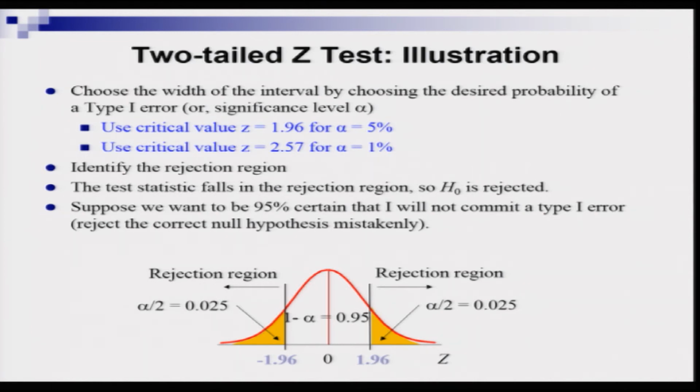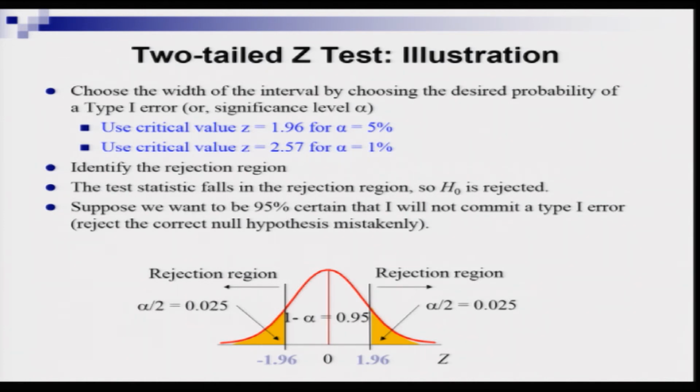That is the area marked orange, bounded by the standard normal PDF and the vertical line drawn at the critical value, and the area in both tails is 0.025. It is basically 0.05 divided by 2, or alpha divided by 2.